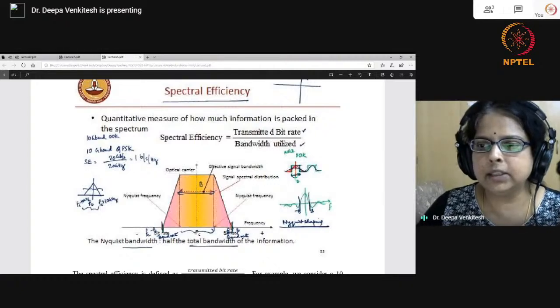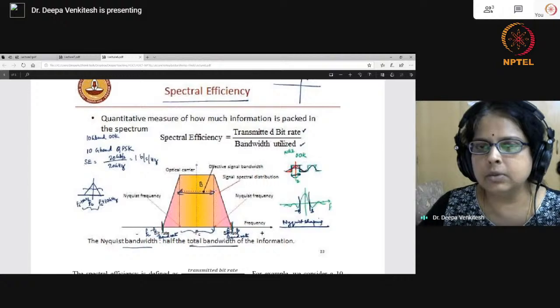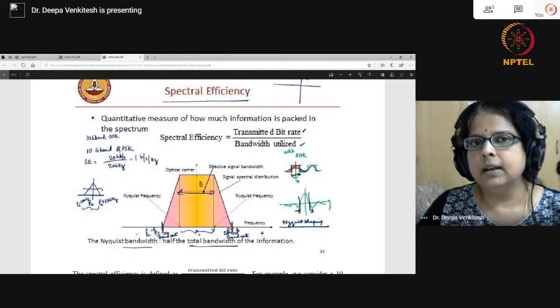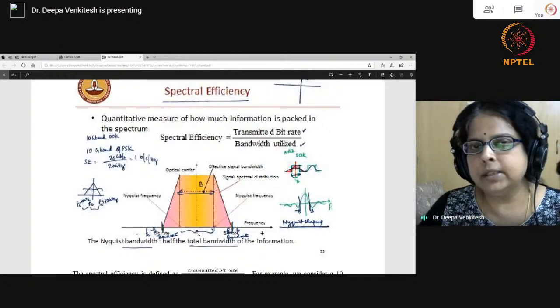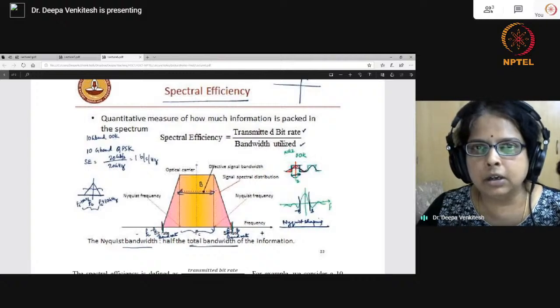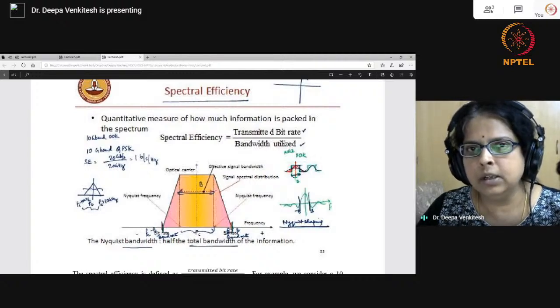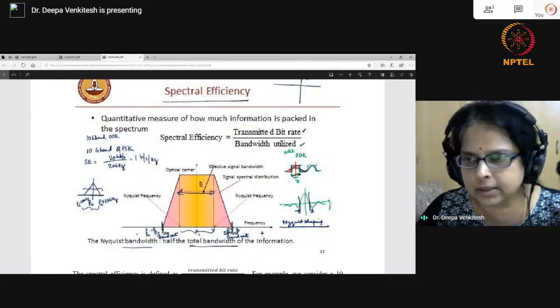As I said in the lectures, conventionally we use non-return to zero on-off keying, which is on-off signaling. But in the last few years, we have started using phase modulation. We also talked about QPSK and 4PAM and 16 QAM and so on. So those are the modulations that are currently used in optical communication systems.